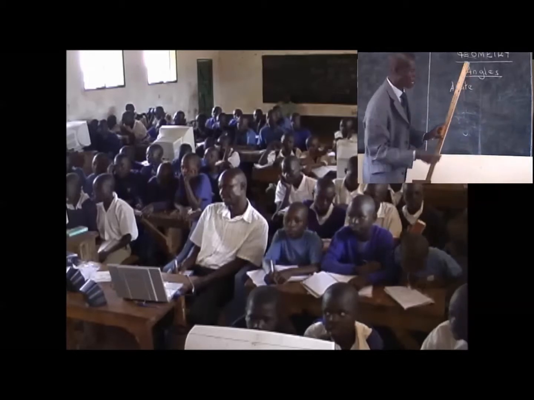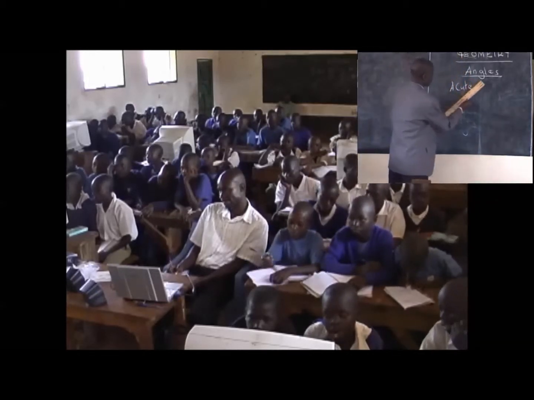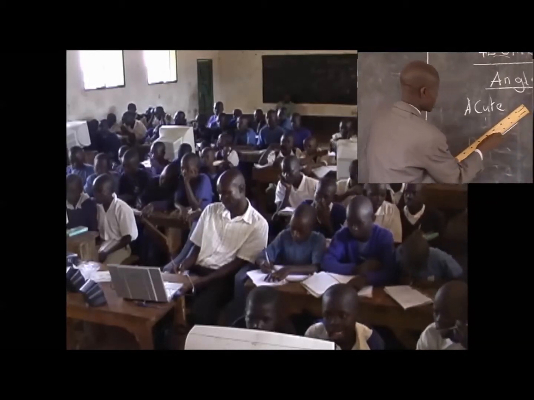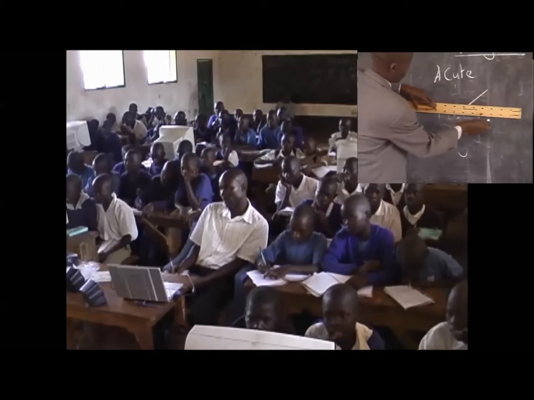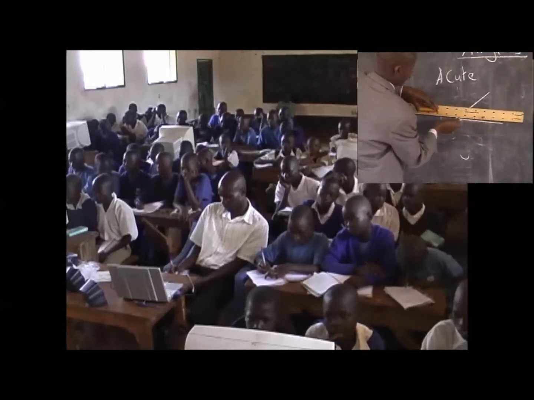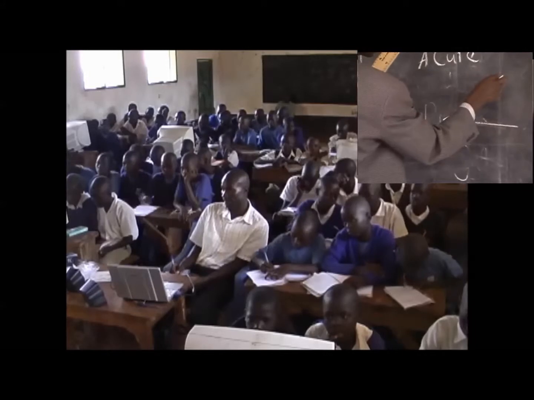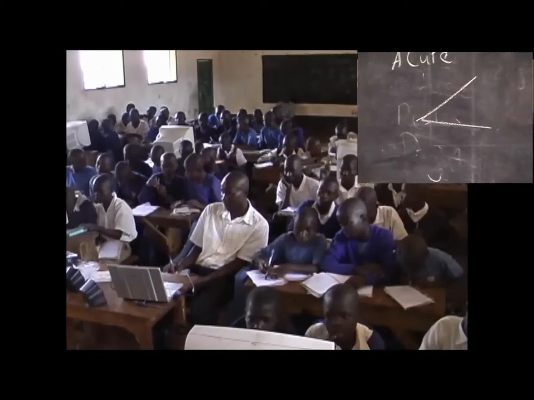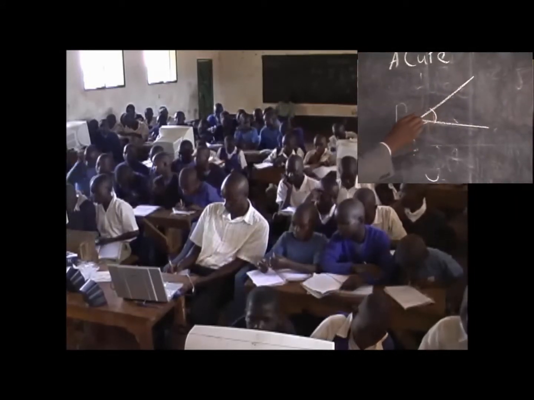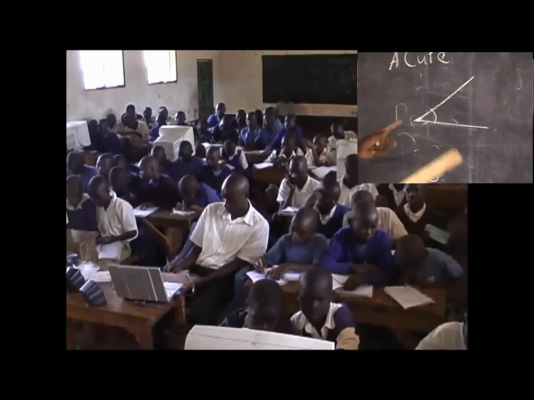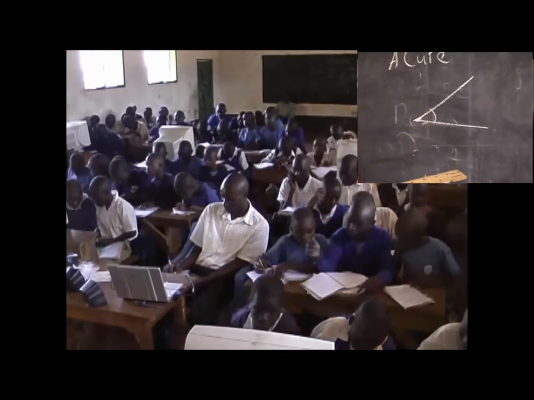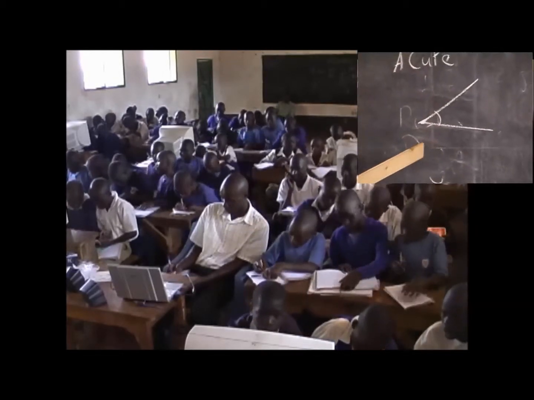An acute angle will be drawn in this order. What I've just drawn on the board is to remind us of an acute angle. As you can see, this angle is less than 90 degrees.